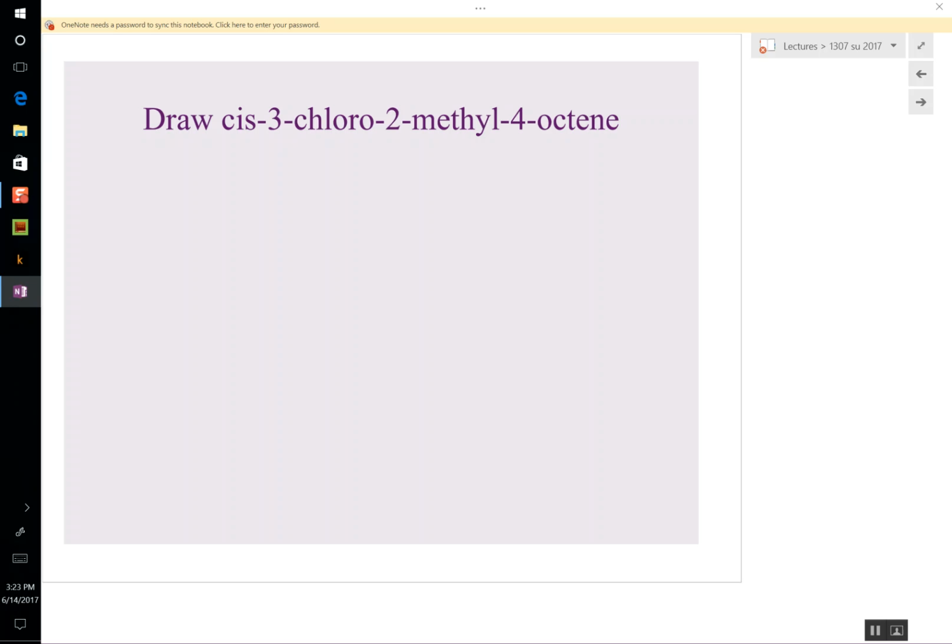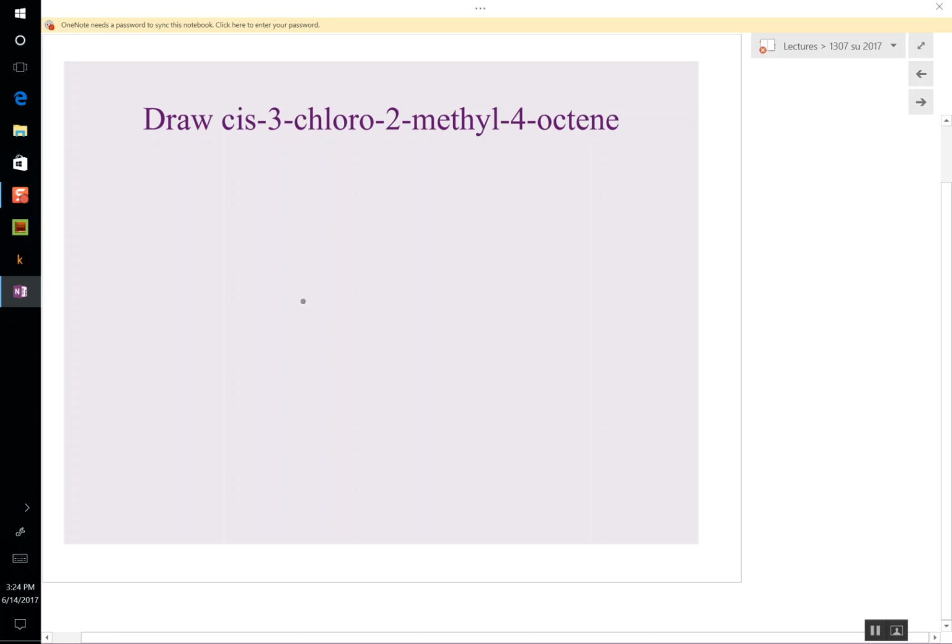I'm looking at this name, trying to think how I would attack this. I think I would start with, okay, we've got octene.